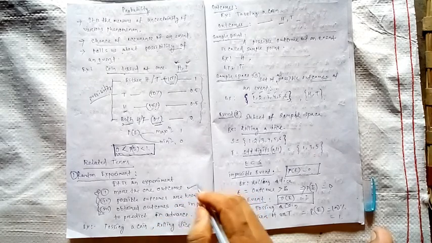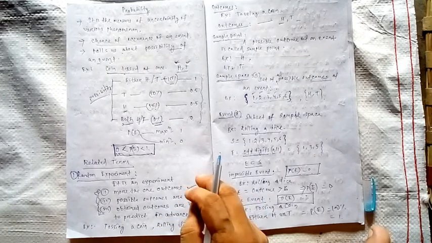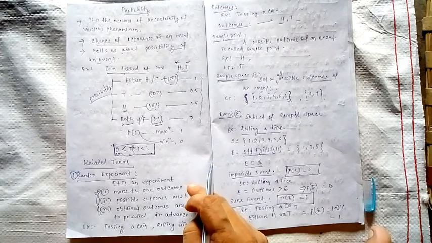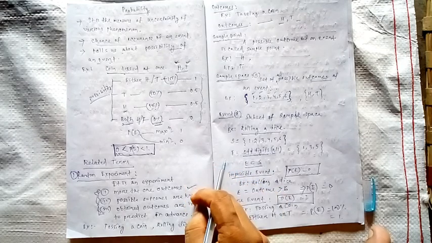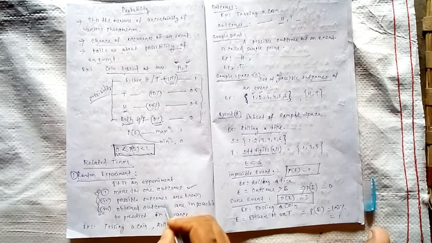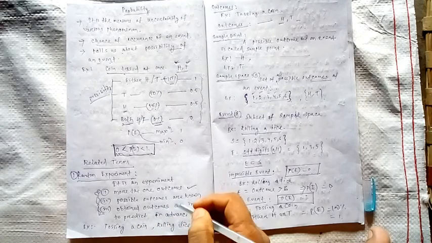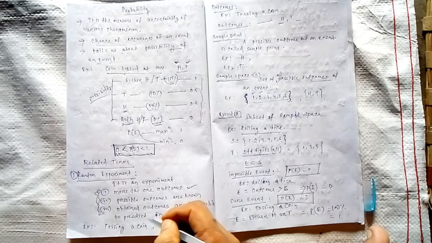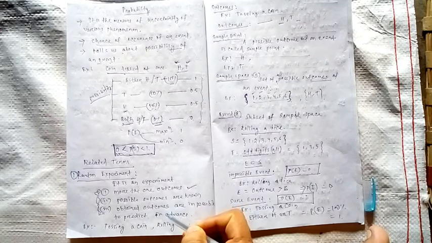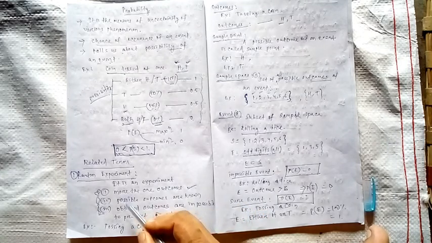For example, tossing a coin. Tossing a coin at once, there are two outcomes. One is head and one is tail. Possible outcomes are known. We know that possible outcomes are head and tail. But we don't know what is the obtained outcome. So it is a random experiment.